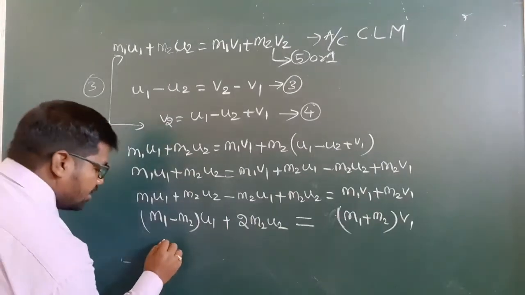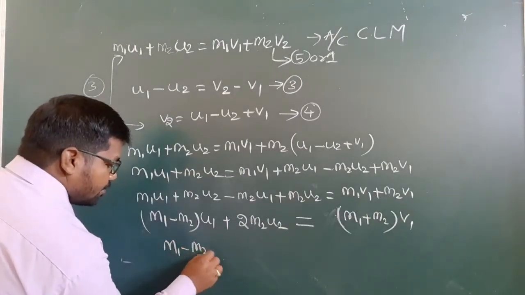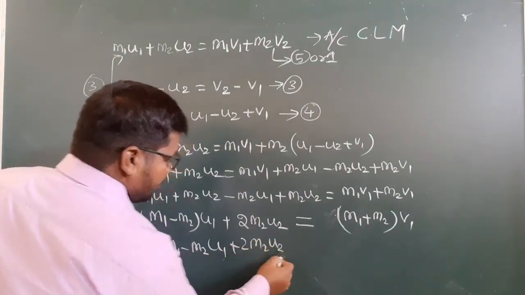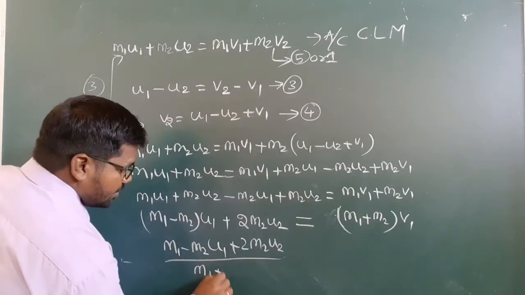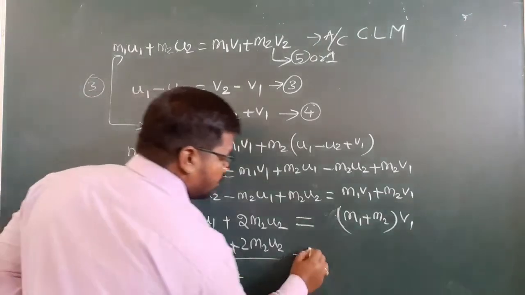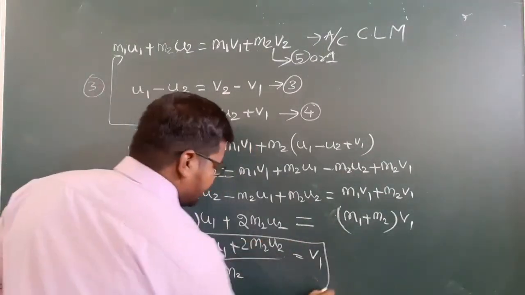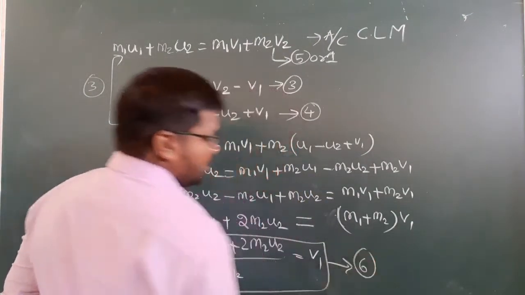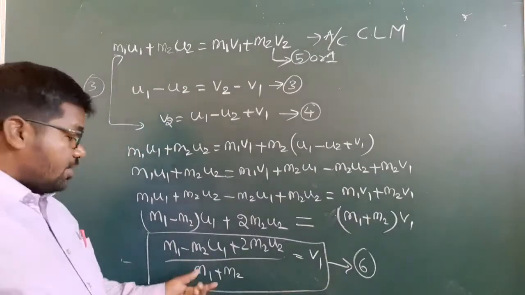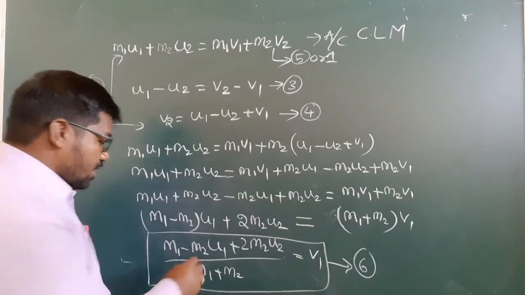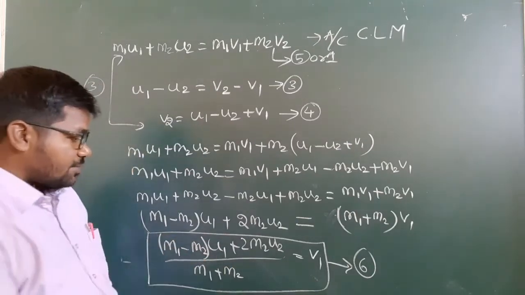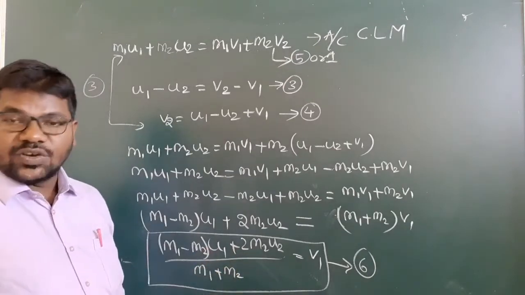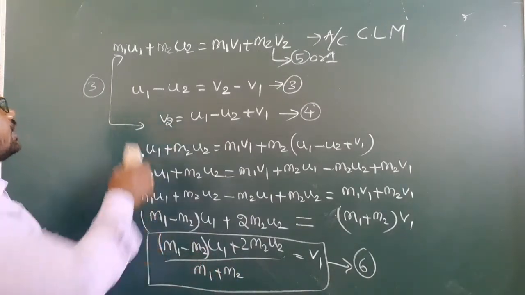So we write (m1 minus m2) u1 plus 2 m2 u2 divided by (m1 plus m2) is equal to v1. This is equation 6. Remember this equation. Be careful, my dear children.